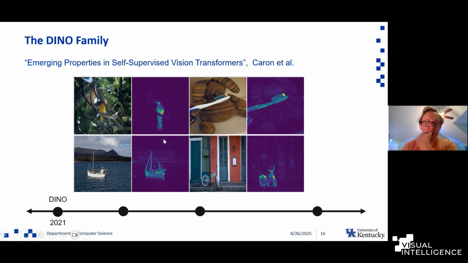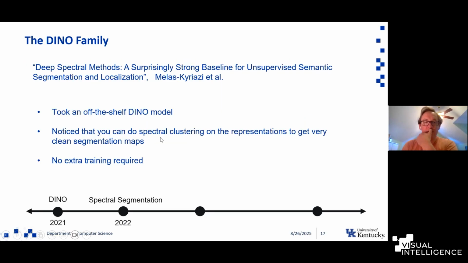There's a follow-up shortly after, which was deep spectral methods, which takes the off-the-shelf DINO model and uses the representations, not doing any training, but doing some post-processing on the representations by doing spectral clustering, and you can get even cleaner segmentation maps.